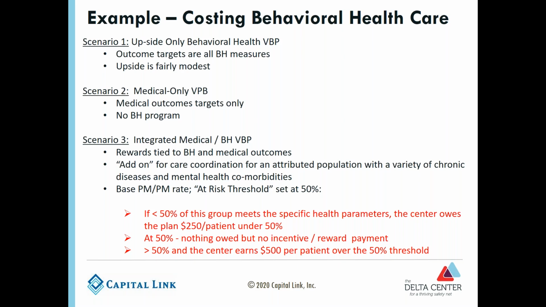By assuming that threshold, you can hit a percentage of the patients that hit those thresholds. So if it's 50%, there's no extra payment, but there's nothing owed, and we're assuming you're going into a world where there is some downside risk, and that's, as we all know, fairly rare out there.